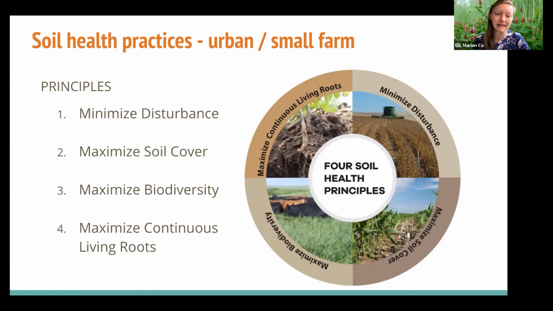Maximizing biodiversity, similarly, we could do that either based on the crops that we're growing or through the diverse cover crop mixes that we plant. So all of these practices can really work as a system and achieve those soils that Stephanie helped to show.